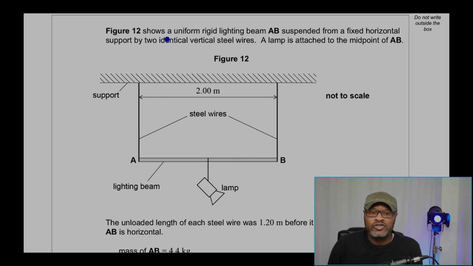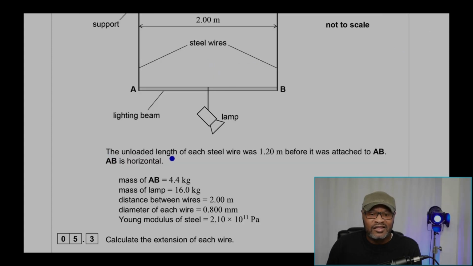Figure 12 shows a uniform rigid lighting beam AB suspended from a fixed horizontal support by 2 identical vertical steel wires. A lamp is attached to the midpoint of AB. Here's Figure 12. The unloaded length of each steel wire was 1.2 meters before it was attached to AB.